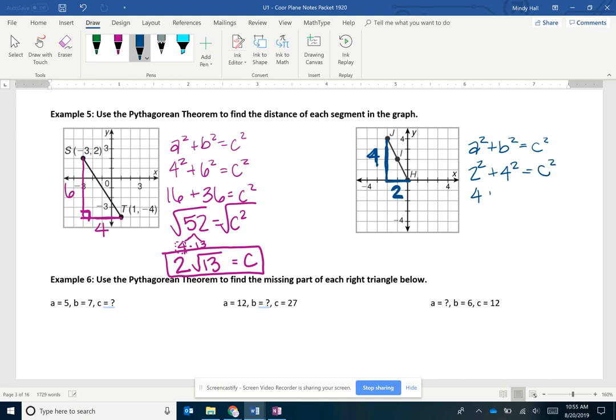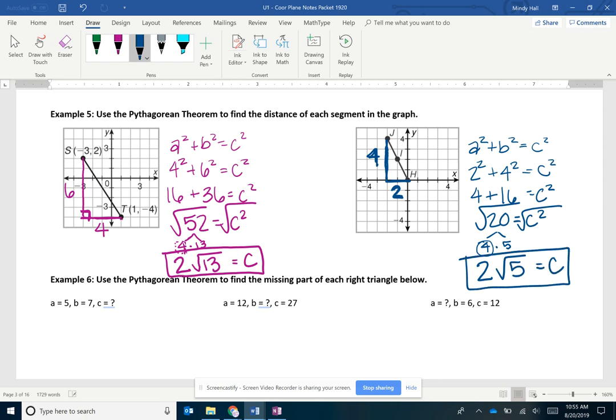So 2 squared is 4, 4 squared is 16. So that gives us 20 equals c squared. And when we take the square root, 20 breaks down into 4 times 5. And since 4 is a perfect square, the square root of 4 is 2. 5 stays inside the radical, and the c is by itself.